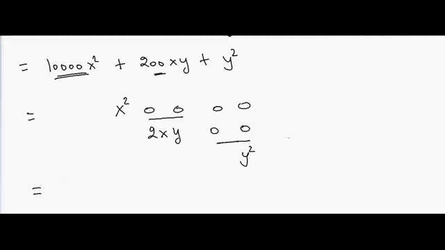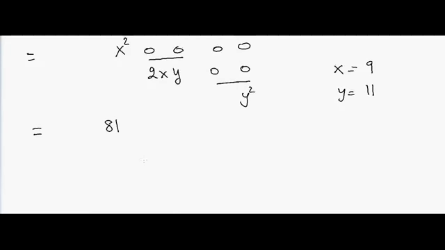Again, if I have x equal to 9 and y equal to 11, then you can see that 9 square is 81. So there is no limit for x square here, right? And then we have 2xy, so 2 into 9 into 11, which is 18 into 11, and that will be equal to 198.